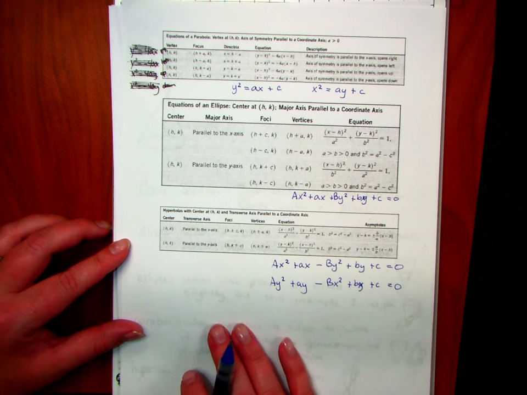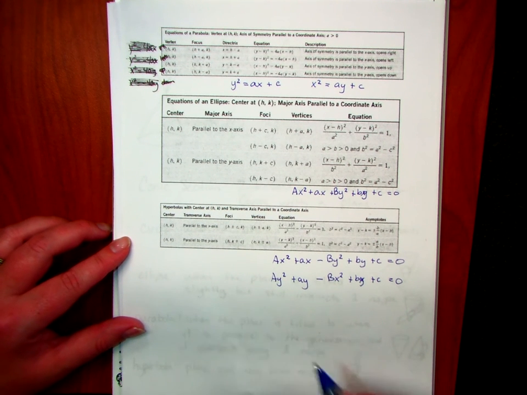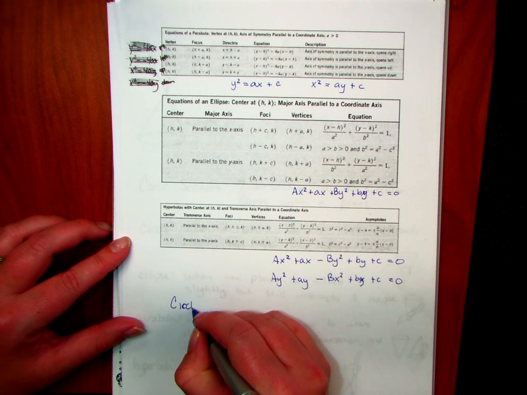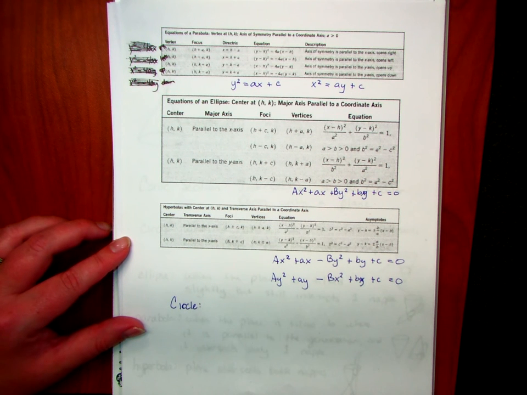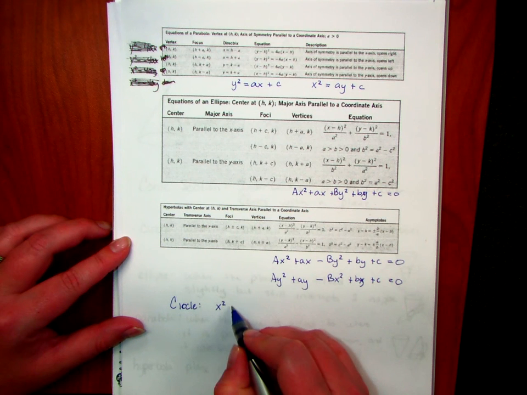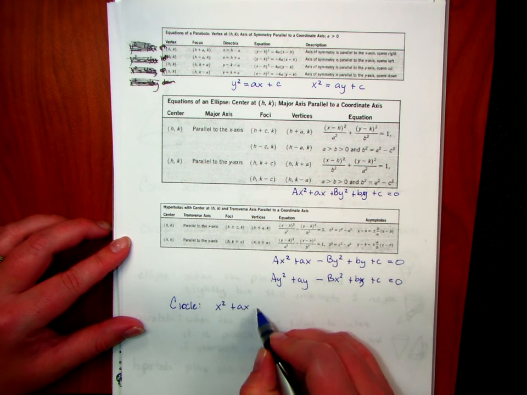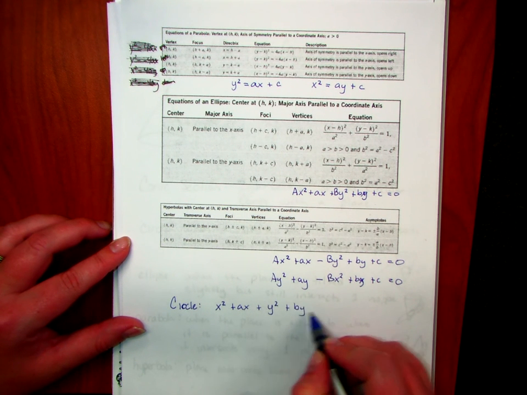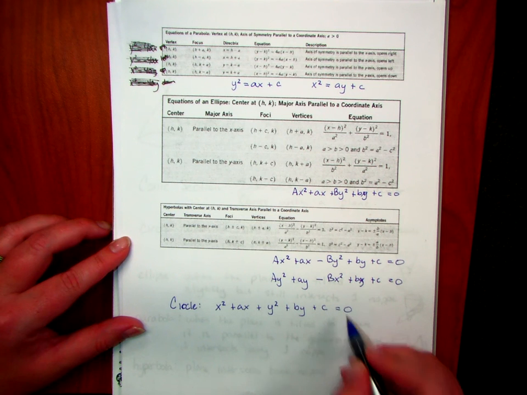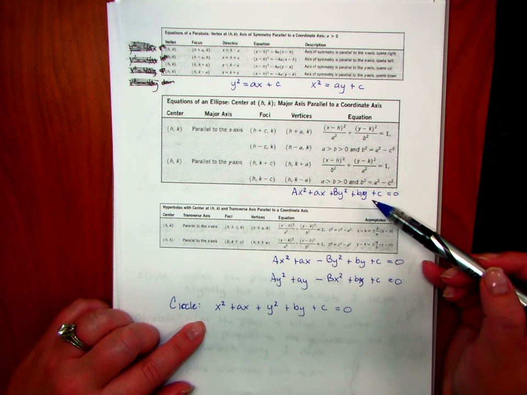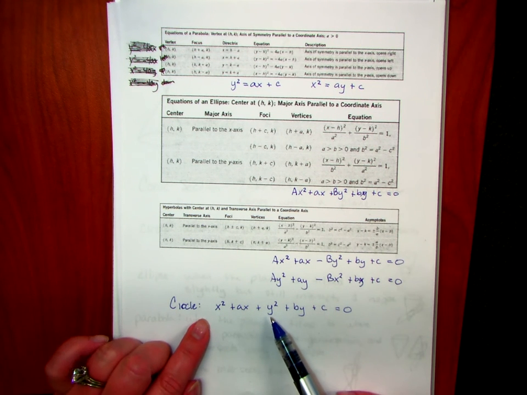Now what's not on here is a circle, and that's because it wasn't covered in chapter 10, but just so we can cover our bases. A circle is going to have both terms positive, okay, but the difference between a circle and an ellipse is that in a circle, the coefficient of the x squared and the y squared is 1.